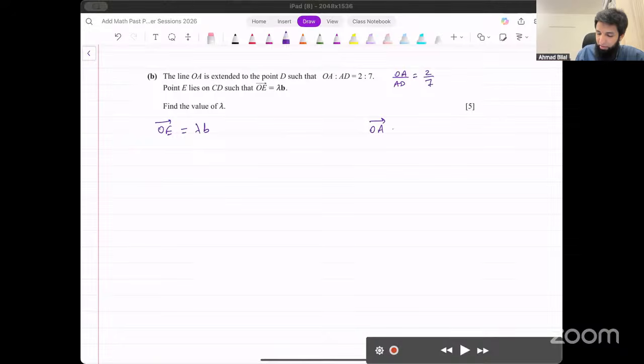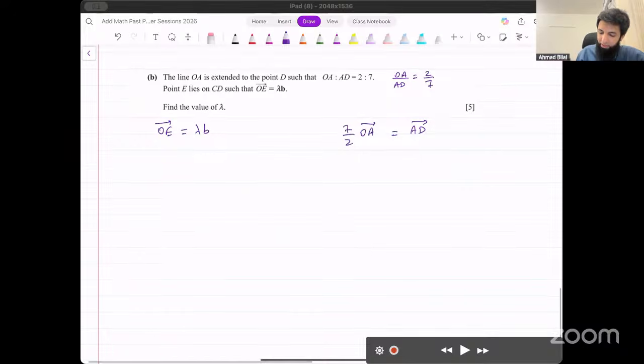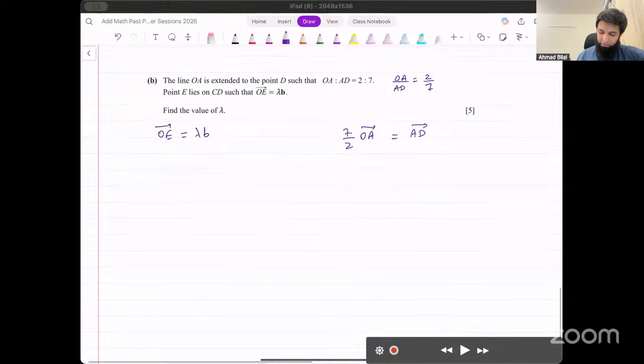So let's make AD the subject. I could say AD vector is equal to 7 over 2 times OA. That's the information. We have to find the value for lambda.